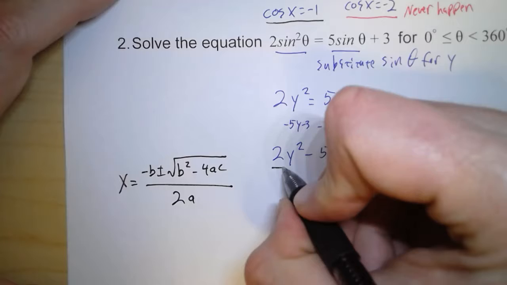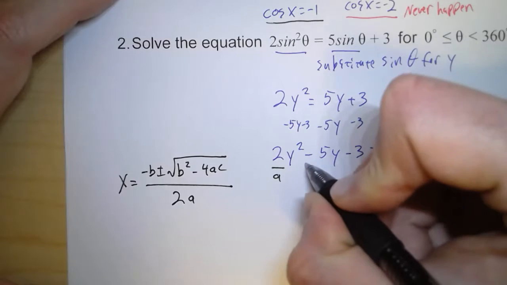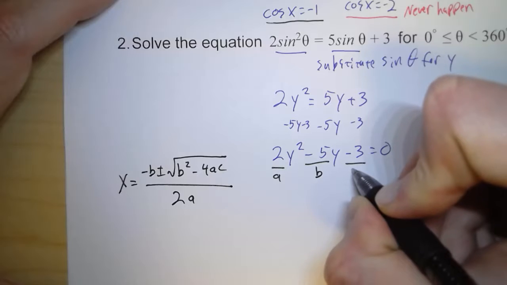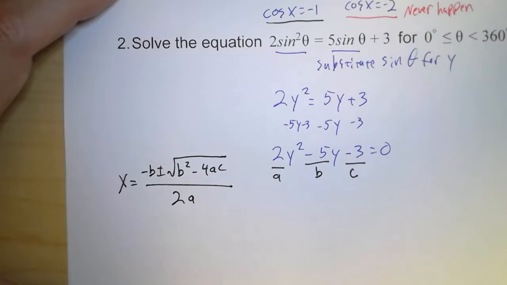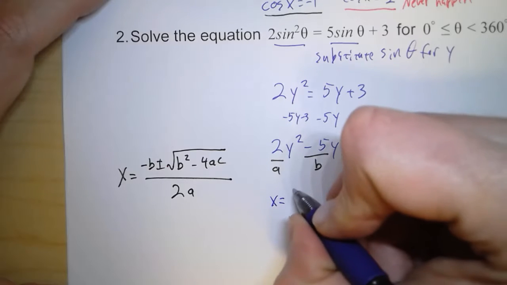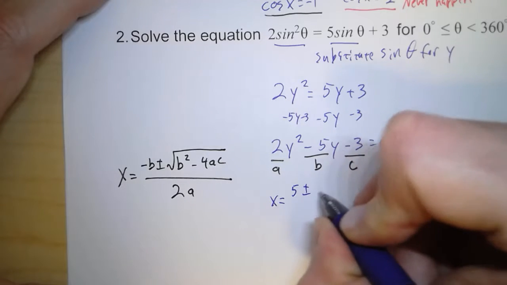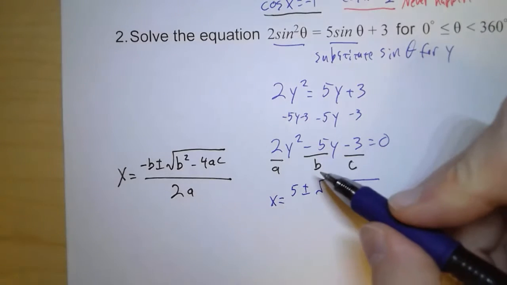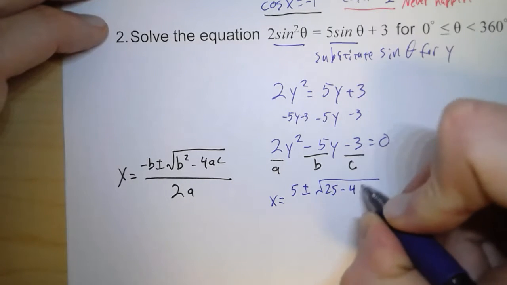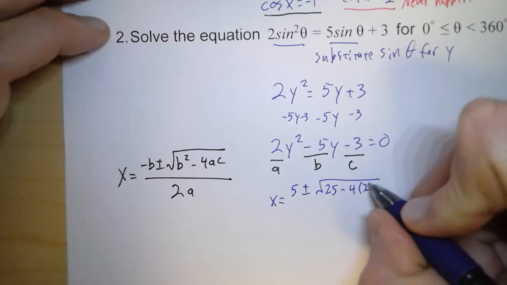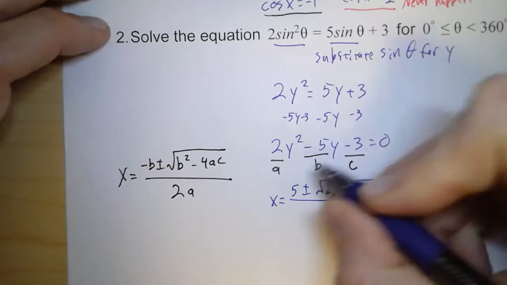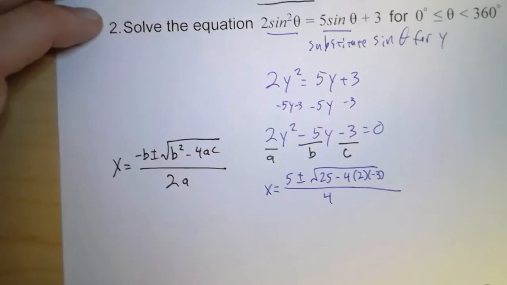Now in this problem, 2 is a, negative 5 is b, and negative 3 is c. So that means x for this problem is going to equal positive 5 plus or minus the square root of b squared. So negative 5 squared is 25 minus 4 times a, which is 2, times c, which is negative 3, all over 2a, which is 4.